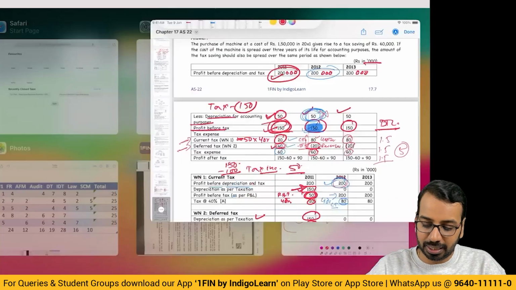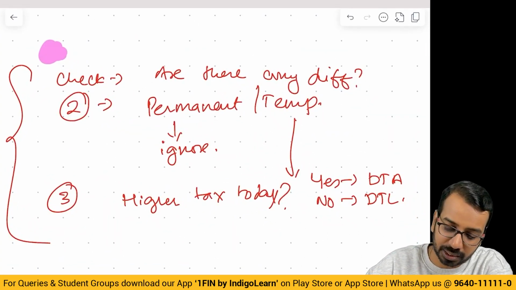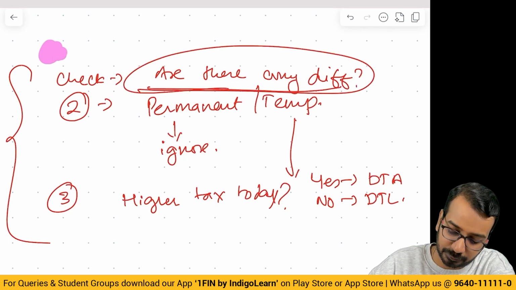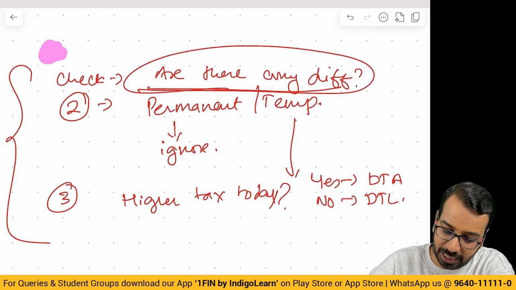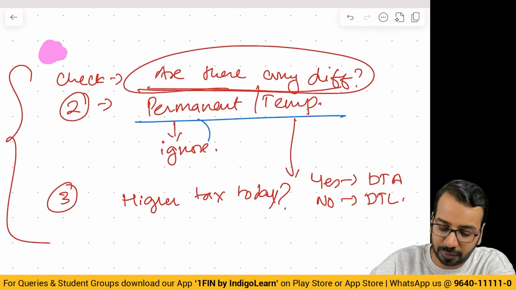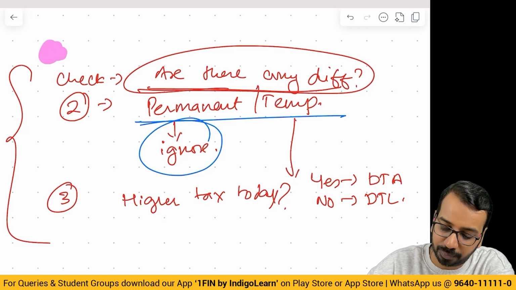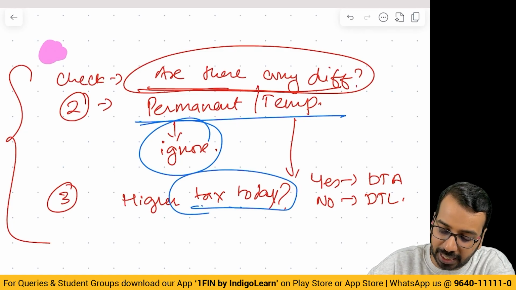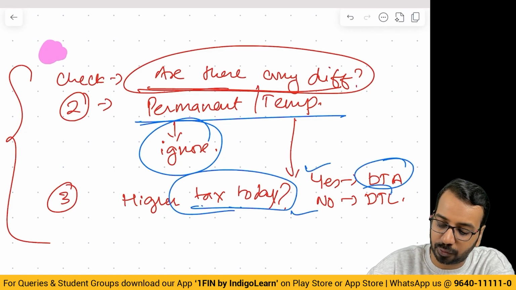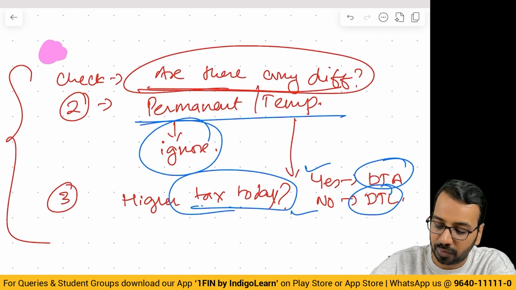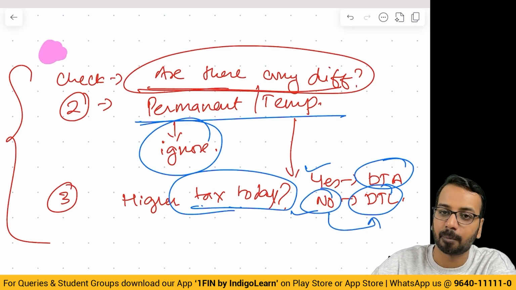So again, a recap. First, see if there is any difference. Then see if it is permanent or temporary. If permanent, ignore. If temporary, see if I will be paying higher tax today. If yes, DTA. If no, DTL. In the current case, we were paying lower tax today, so DTL.